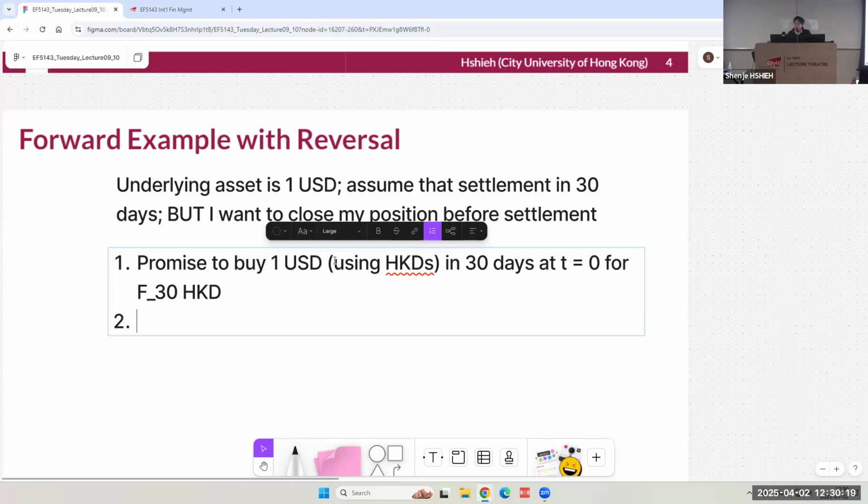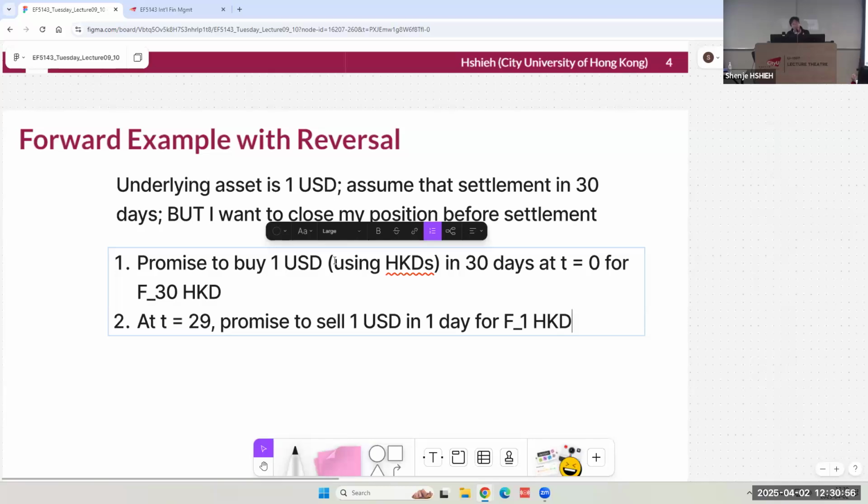Step 2, I'm going to close my position at 29 days because I don't actually want delivery. I just want to make the bet that the price of US dollars increases, because I want the payoff of, in this case, E_T minus F. So at T equals 29, I will promise to sell 1 USD in 1 day for F underscore 1.